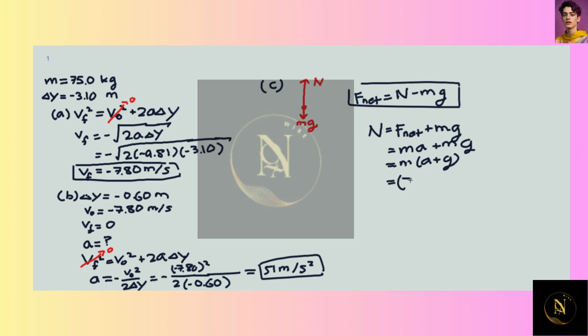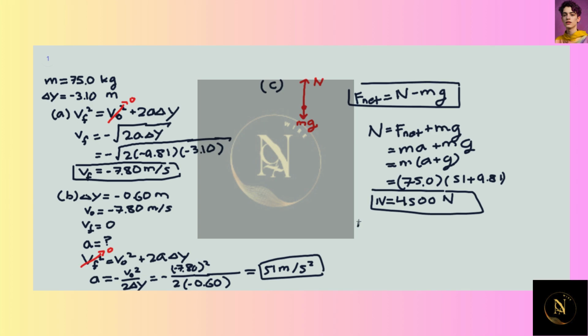And yeah, we can finally use his mass, which we know is 75.0 kilograms, add the acceleration we just found, which is 51, plus 9.81. Plug that into a calculator, and to two significant figures get 4,500 newtons is what N is equal to.